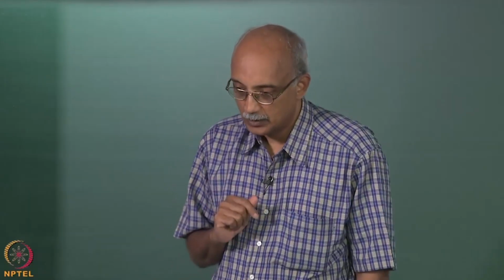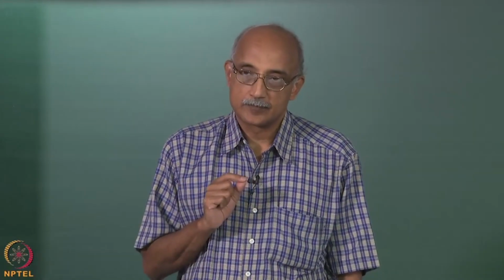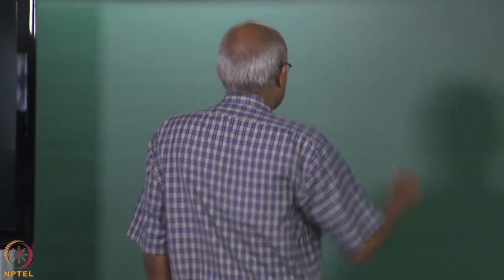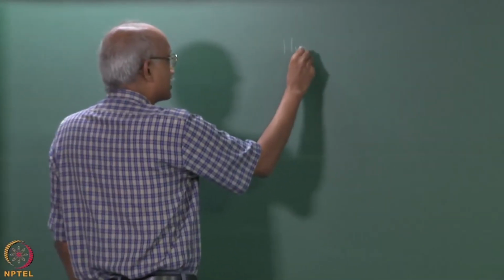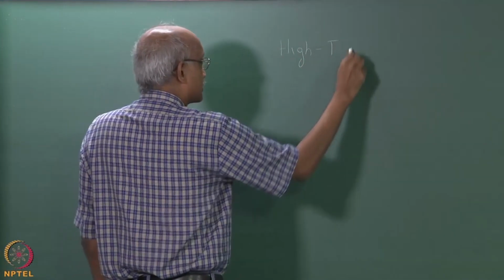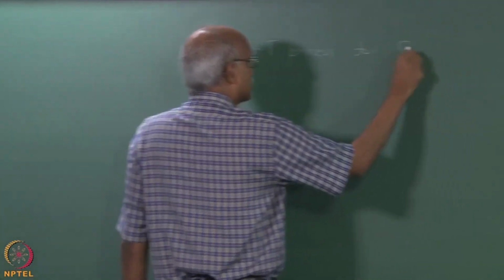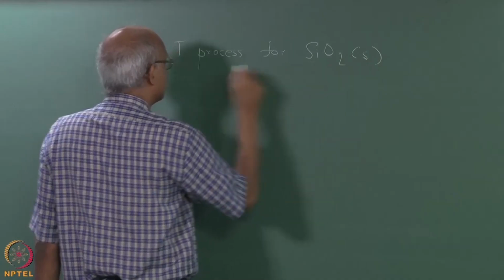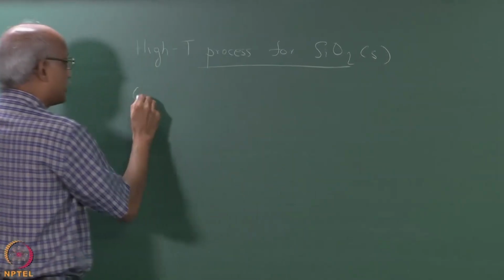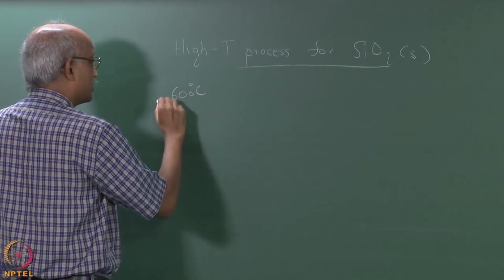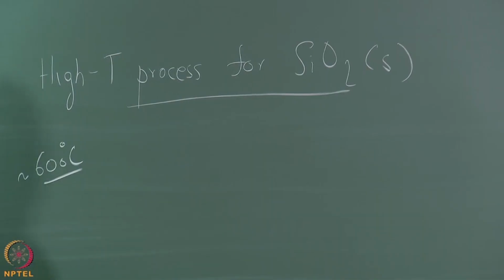So, for example, if you are able to use temperatures that are of the order of 600 degrees centigrade, then the preferred route to get to SiO2 looks like this. So, this is what I would term the high temperature process for SiO2 film. Again, when we say high temperature in this context, we are talking about approximately 600 degrees centigrade.